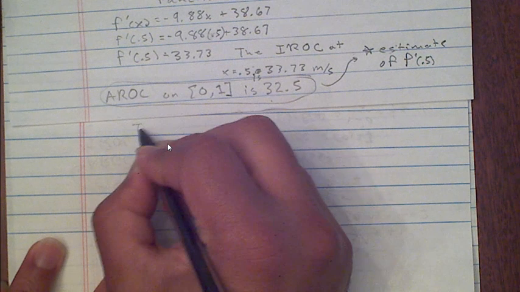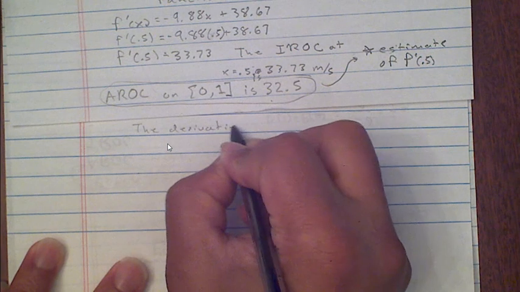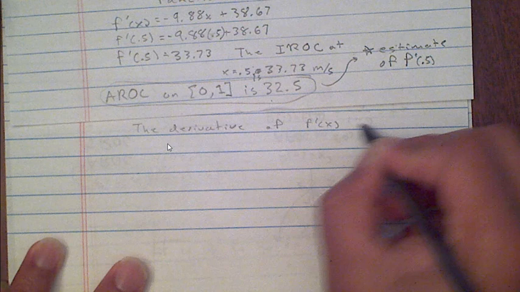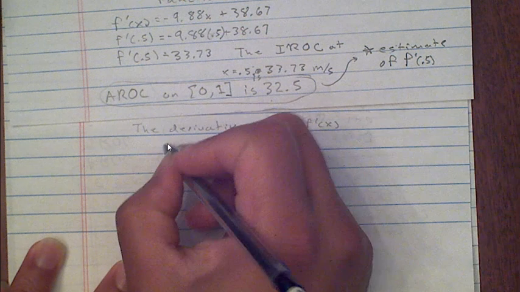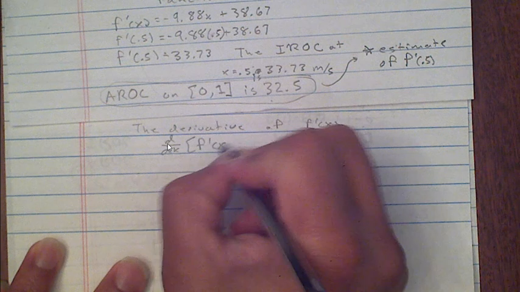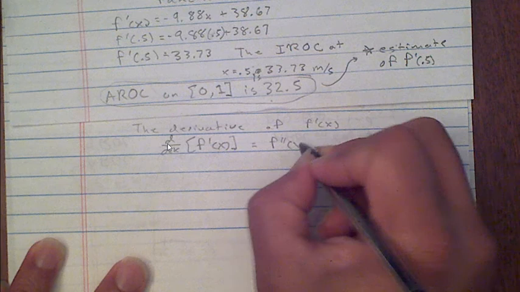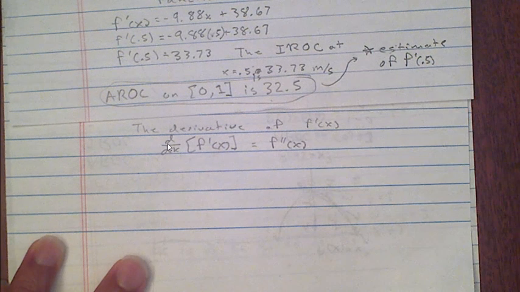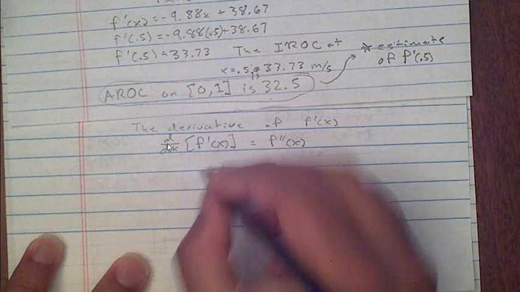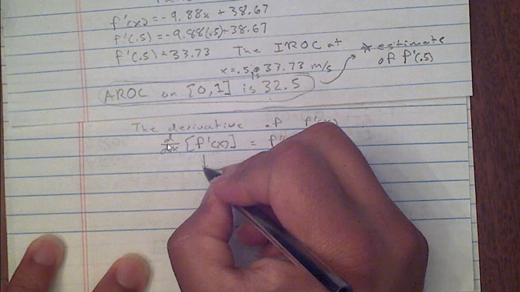The derivative of f prime of x, which is denoted as d/dx of f prime of x, is equal to f double prime of x. So let's do the derivative of f prime of x. This is going to be awesome. You busy guys will probably flip.